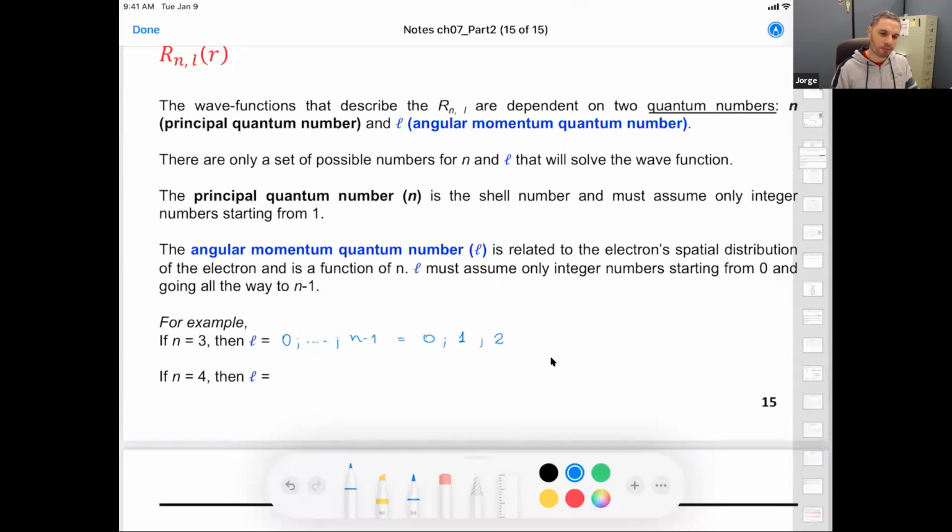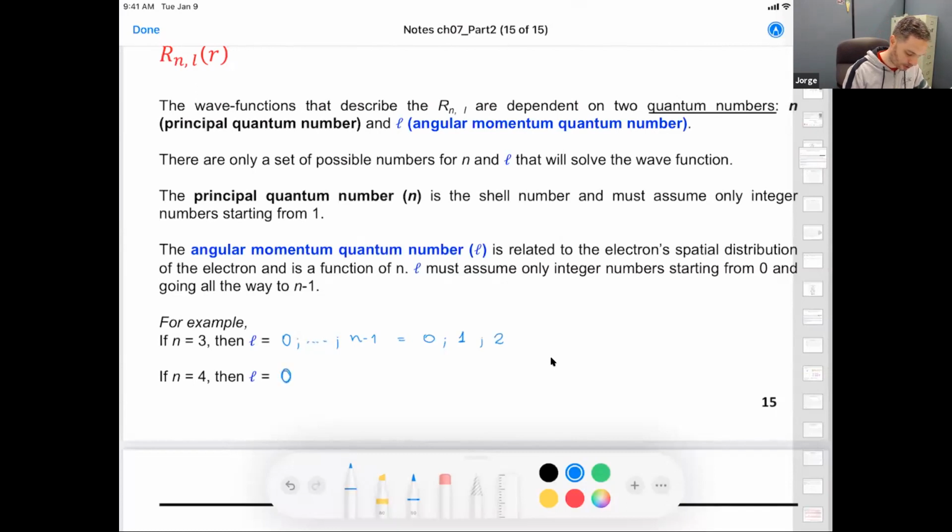Let's use the same idea to figure out what are the values that are possible when N equals 4. Now we are going to move one shell up, going to N equals 4. The first value possible for L is always 0.